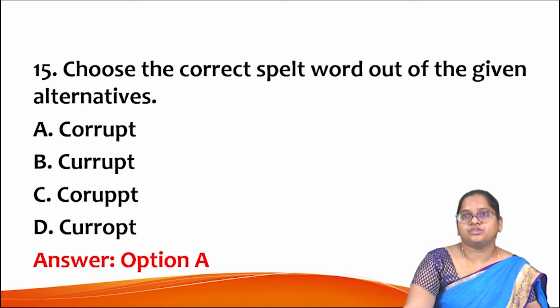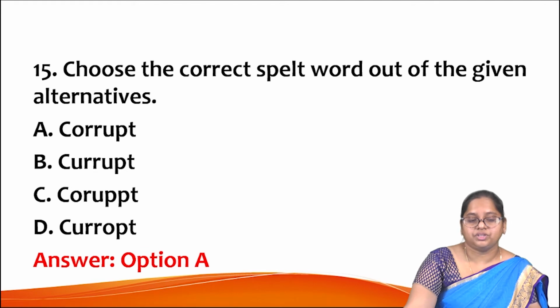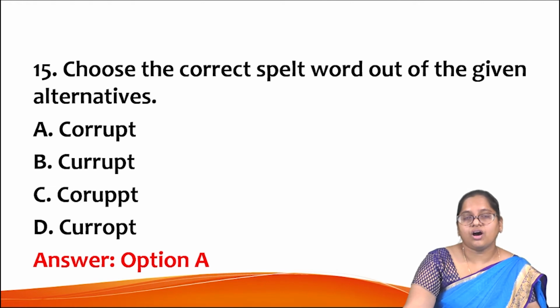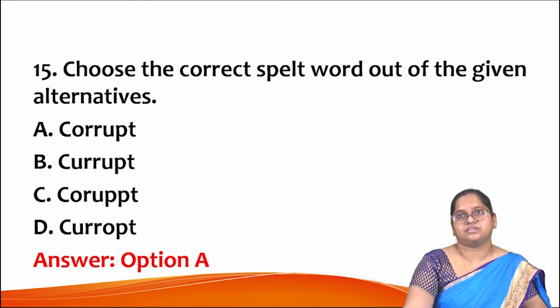Choose the correct spelled word out of the given alternatives. A. Corrupt. Currupt. So you say option A. Corrupt. Option A is the right answer.